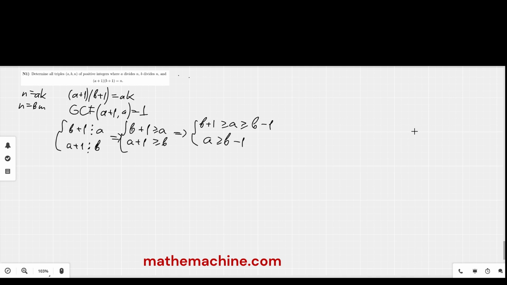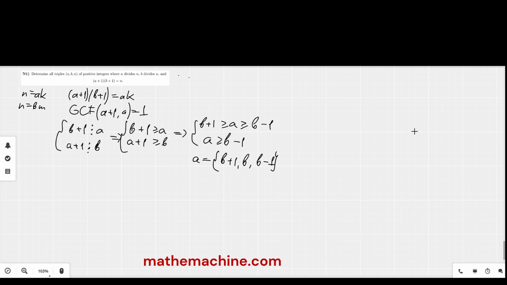We have A is between B plus 1 and B minus 1. So the possible values of A are the following: B plus 1, B, B minus 1. Okay, so there are only three options.